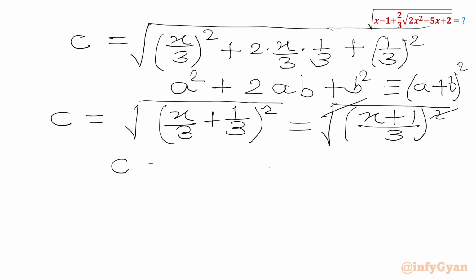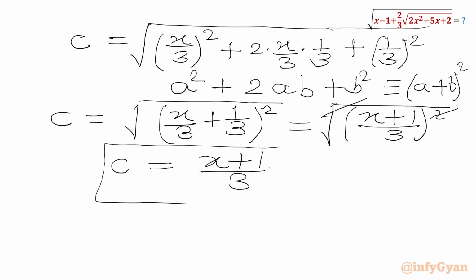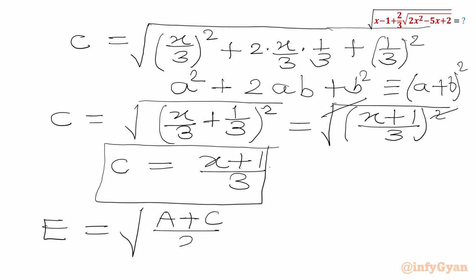We are going to get c value x plus 1 over 3. Once c is known, our required square root will be ready. So I will write e will be equal to the square root a plus c over 2 plus square root a minus c over 2.